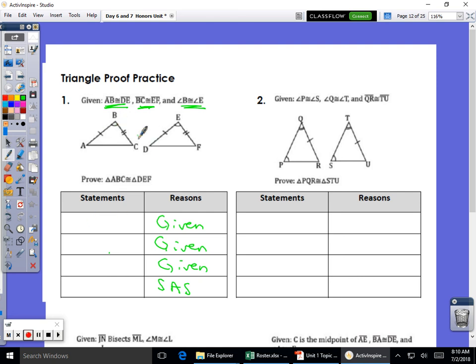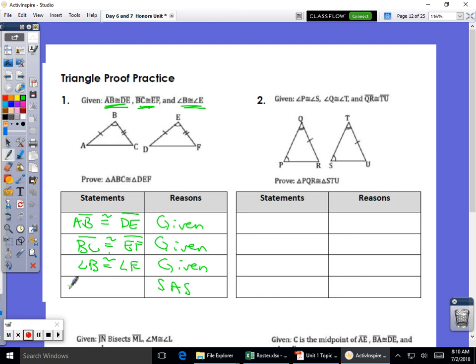AB is congruent to DE. That's one given. BC is congruent to EF. And angles are congruent. Angle B is congruent to angle E.